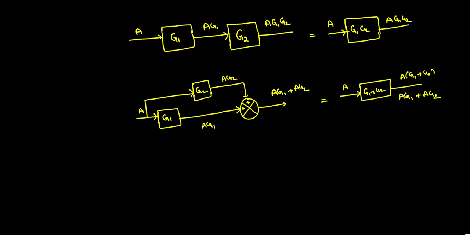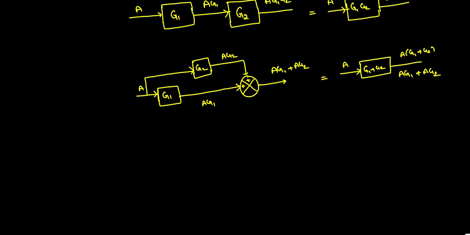So likewise you can get different kinds of system transfer functions in a different way. This is called block diagram reduction. There are so many block diagram techniques. I don't want to enter into detail about it, but we will solve some examples where you can understand those things in a very clear-cut fashion.